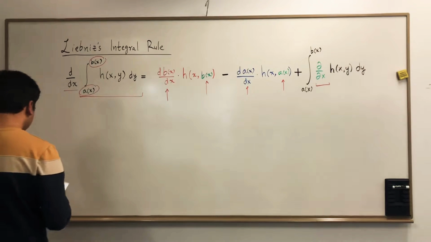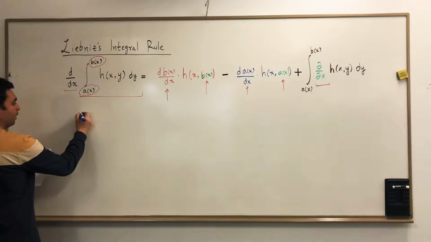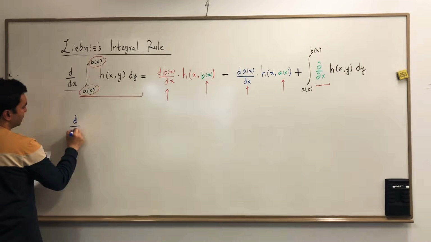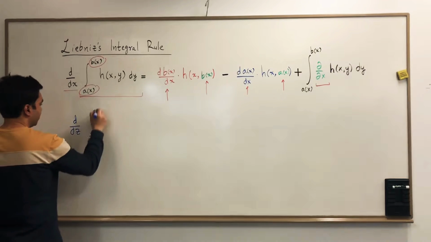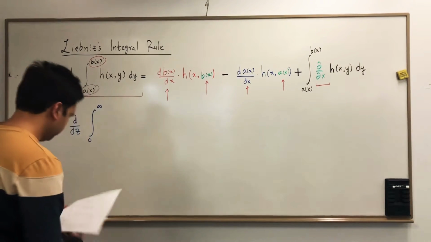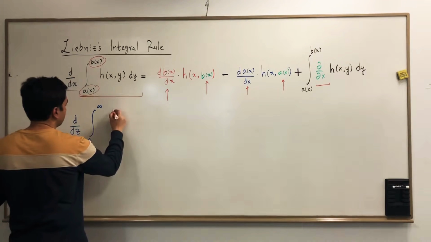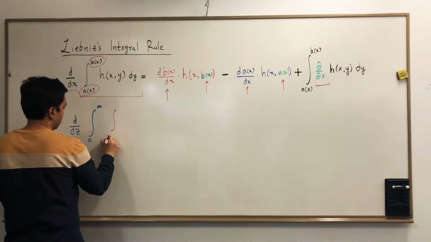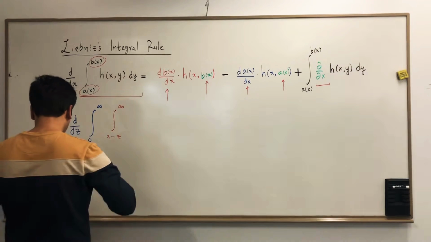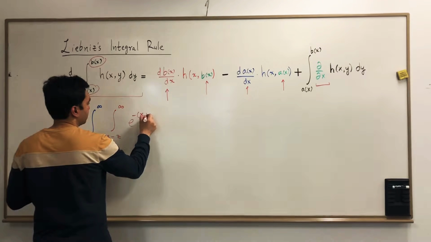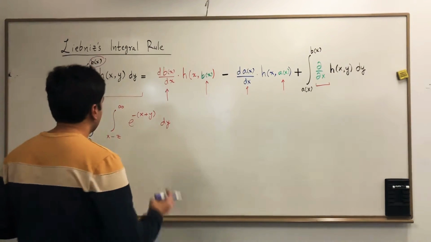So let's say, for example, you want to do d over dz of some integral from 0 to infinity, of the integral from x minus z to infinity of some function e to the negative (x plus y) dy and then dx.